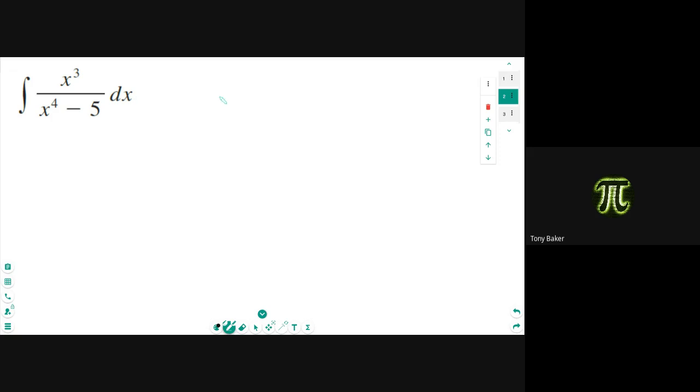So if this problem was reversed like that, I could split this into two pieces, and then we could do it. It's not, though. And since it's in the denominator, I cannot split the denominator that way. Okay, so we need something else.